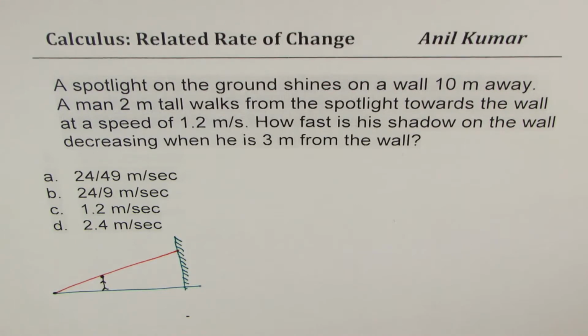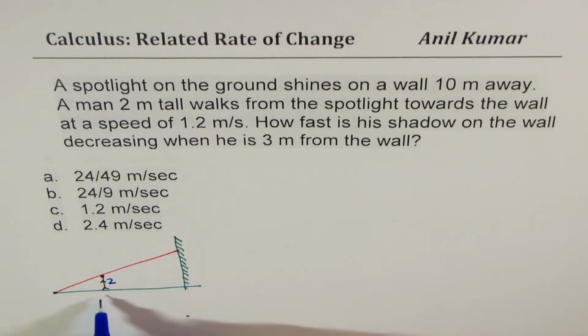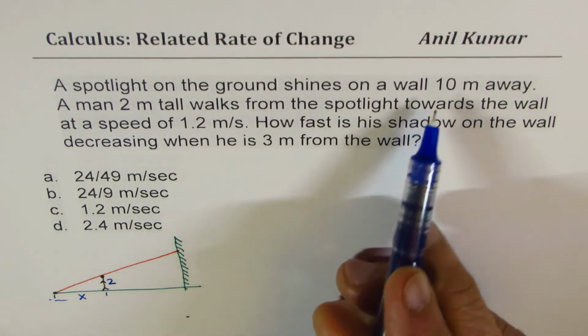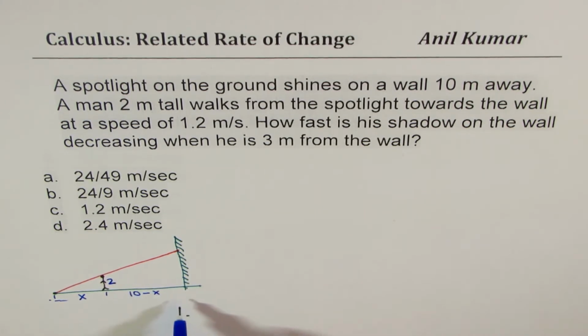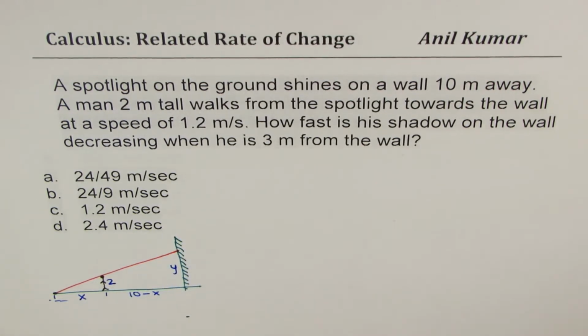The height of the person is given to us as 2 meters. And let us assume that the person is x meters away from the spotlight. The total distance is 10 meters. So this is 10 minus x, right? That is 10 minus x. Let y be the height of the shadow.